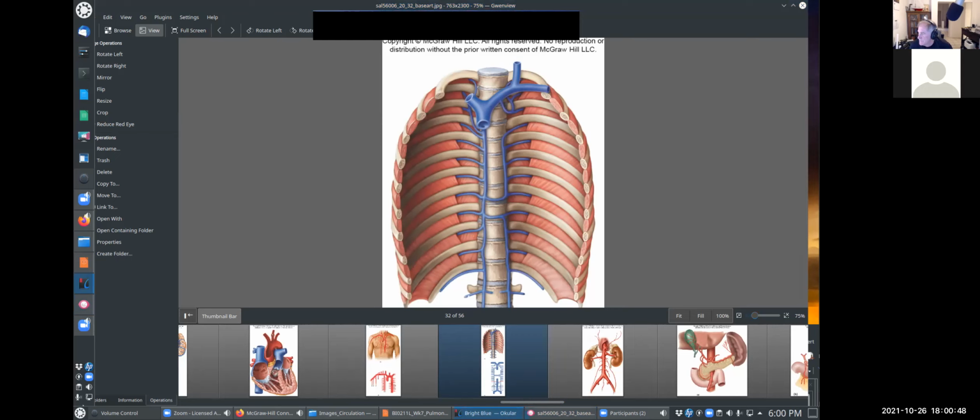Let me back up and just make sure. I'm sorry, brachiocephalic veins, because they're like the brachiocephalic artery.